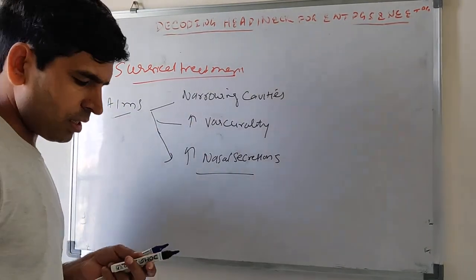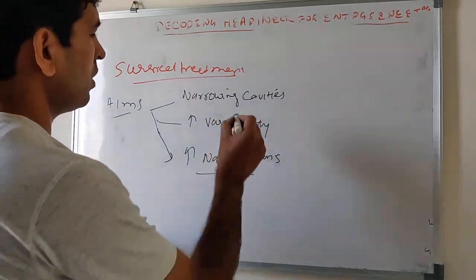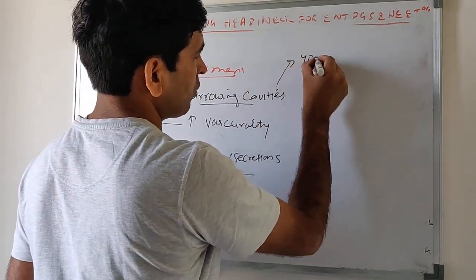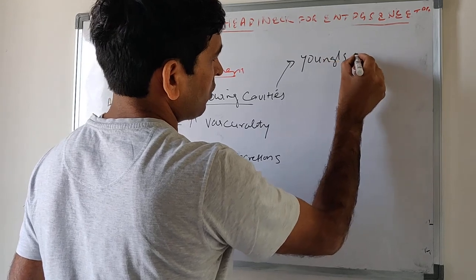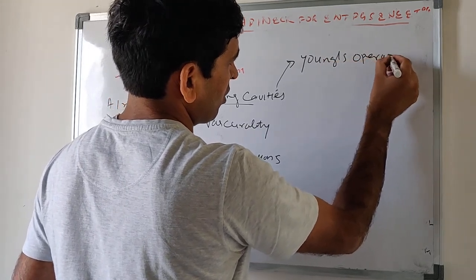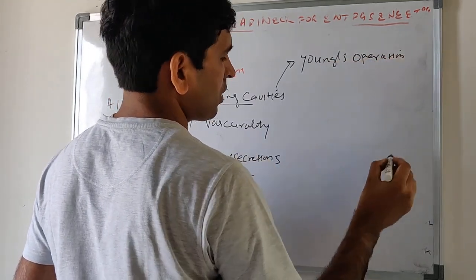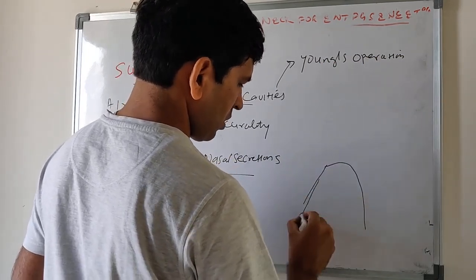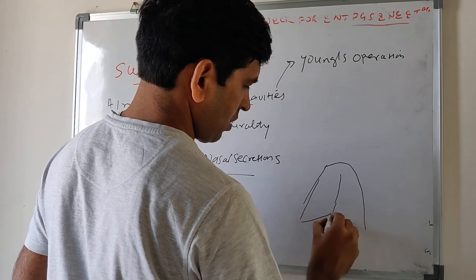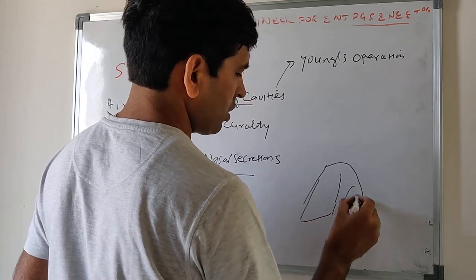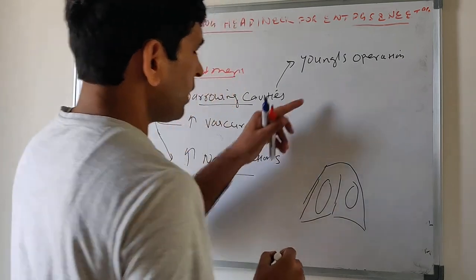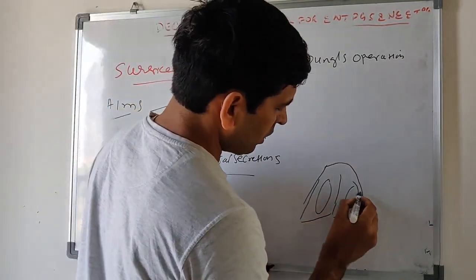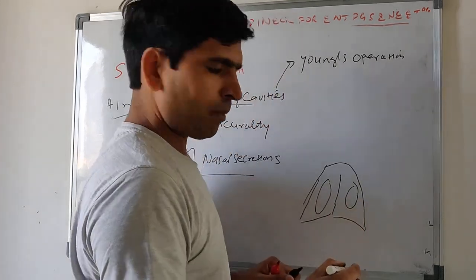Now, surgeries for narrowing the nasal cavity. The most common operation is Young's operation. This is the nose, this is the nasal cavity. In Young's operation, we completely close one nostril at a time.